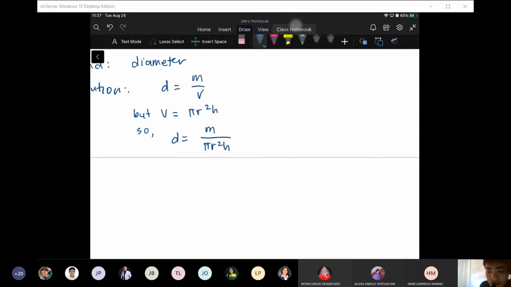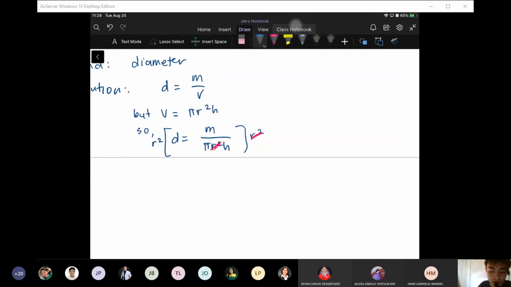This is more of algebra instead of chemistry. But yeah, sciences without math is boring. So we have to understand the mathematics behind everything. So in order to place the radius on the other side of the equation, we have to multiply both sides by r square. Doing so, we will cancel the radius here.